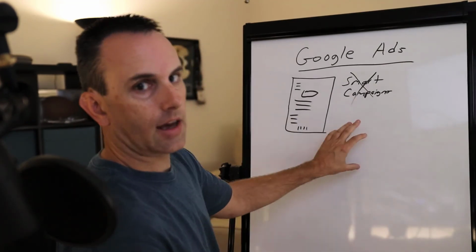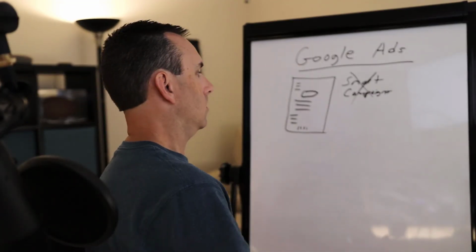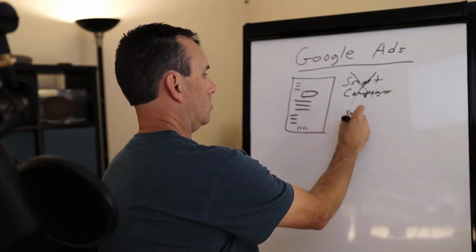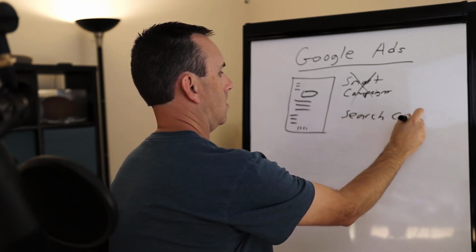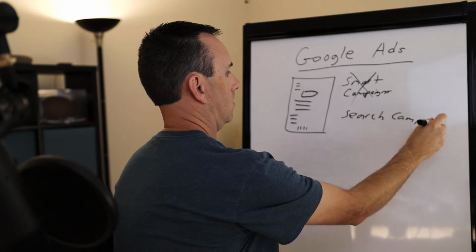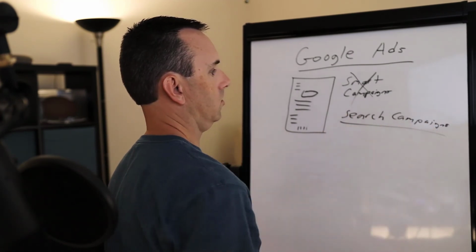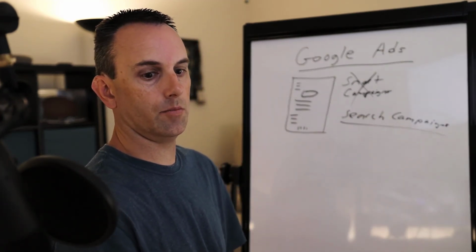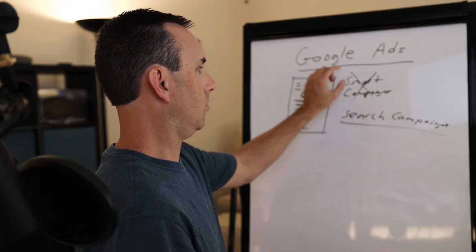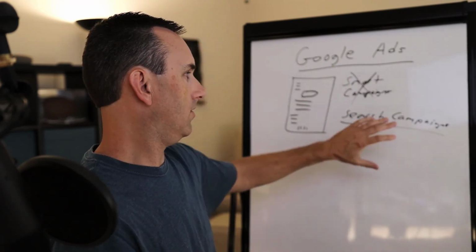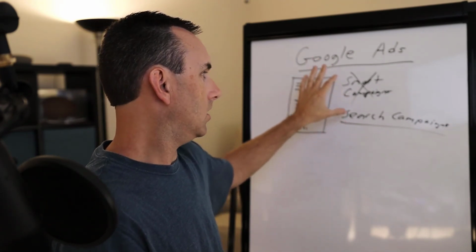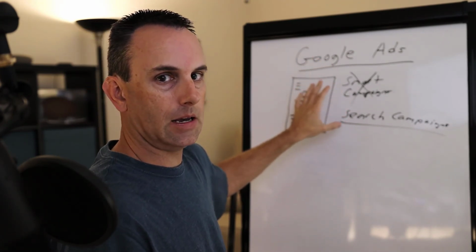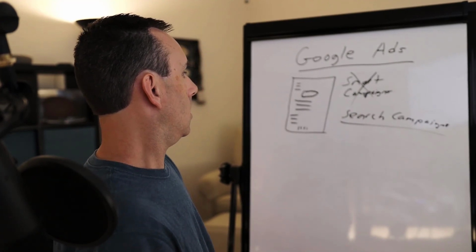What you want to look for as far as running Google ads is search campaigns. This is what you want to run, search campaigns for your tree service companies. You do not want to run smart campaigns, even down to the budgeting. Like I said, Google controls it, and we don't recommend running smart campaigns at this time.